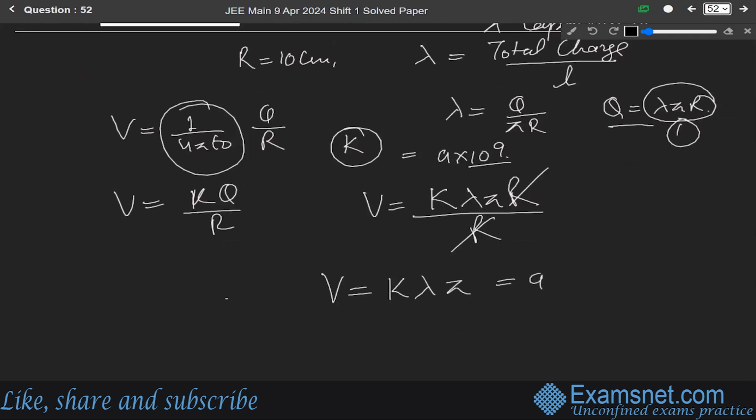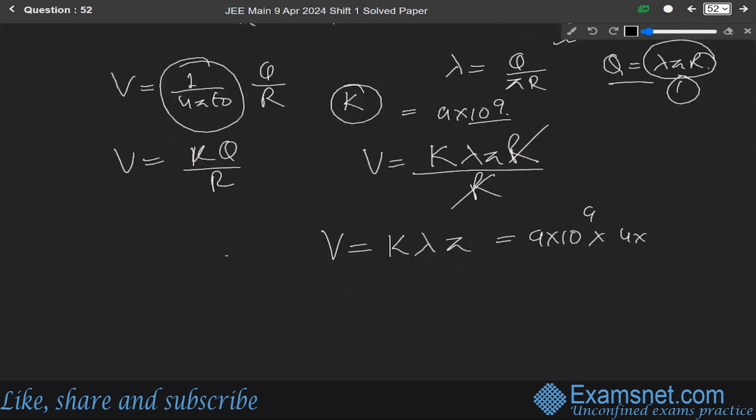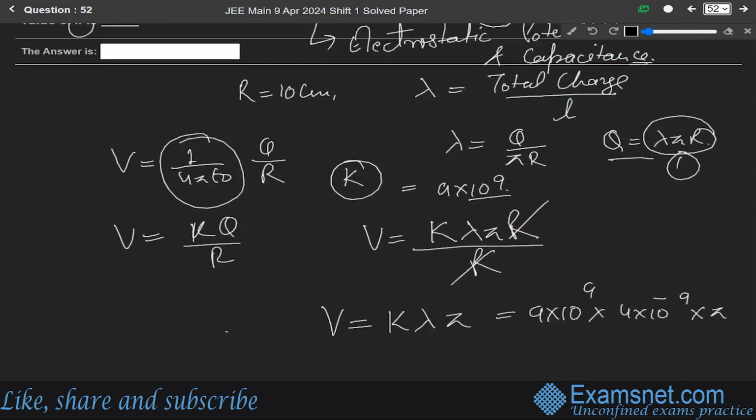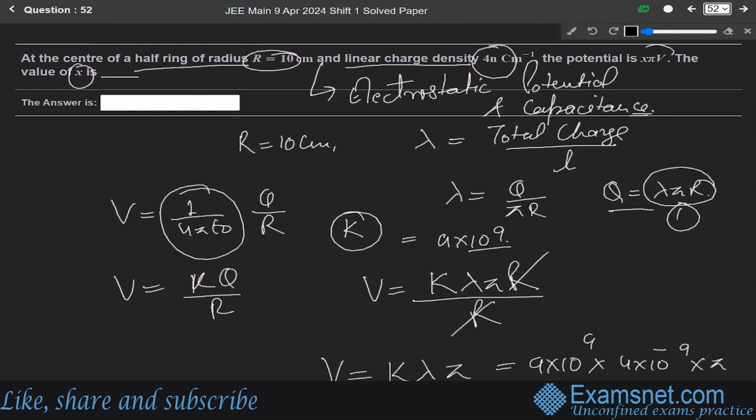Since K is 9 into 10 to the power 9 and lambda, the linear charge density, is given as 4 nanocoulomb per meter, nanocoulomb means 4 into 10 to the power minus 9, and pi. Let us just keep it as pi only because we have to find the answer in terms of pi volt.